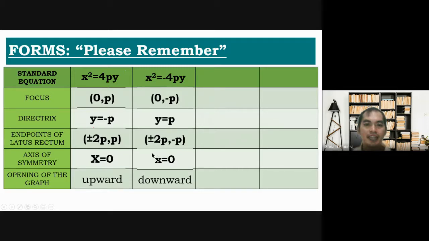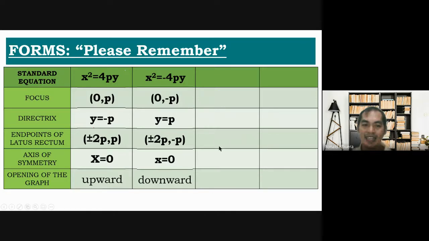The endpoints of the latus rectum are the same, (±2p), while the y coordinate became negative p, because it's going down, so the negative should be included. Still, the axis of symmetry is x equals 0. Remember, it's an equation, that's why x equals 0, because it's a line.